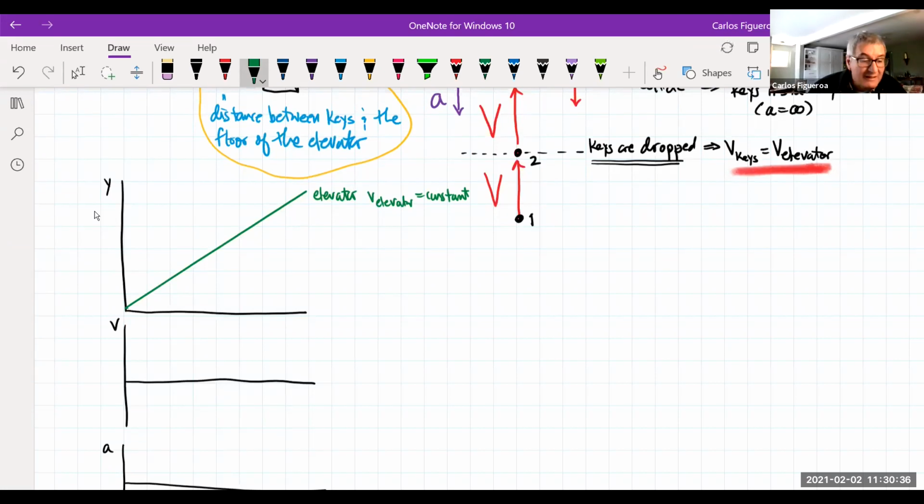So if I look at this guy here, what does this tell us about the elevator? Well, if it's moving at a constant speed, then I'm just going to say this is the speed.